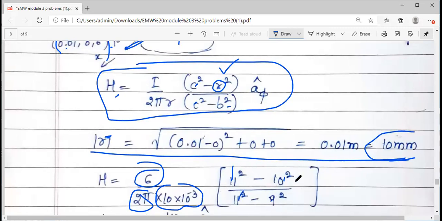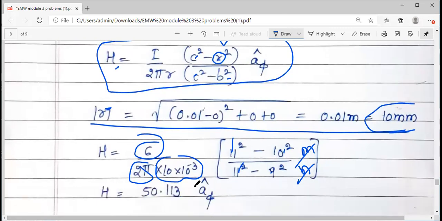So this is all given already. न्यूमरेटर भी आपका mm में आएगा, यहाँ पर भी mm में आएगा. So ये आपको botheration नहीं, it doesn't matter to you because anyhow they get cancelled. So I have calculated this and I have got 50.113 in A5 direction.